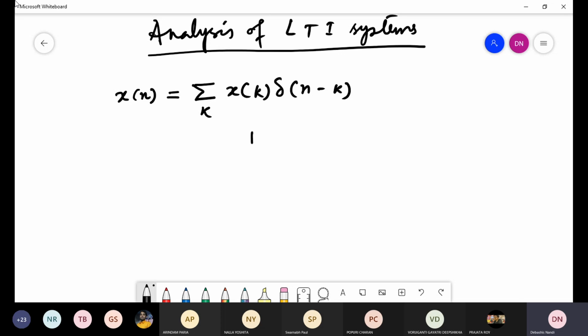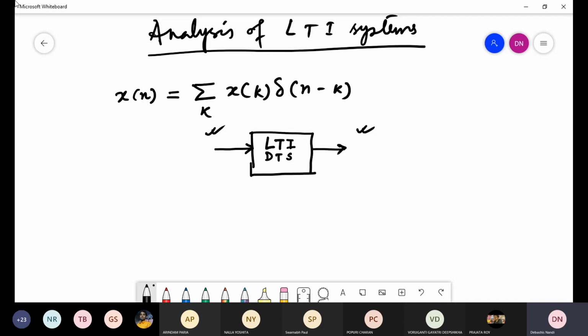Okay, suppose I have a discrete time system which is LTI system. Always try to remember that the impulse response will be defined for LTI system only here. Okay, so suppose this is LTI discrete time system, and here this is input side and this is output side.